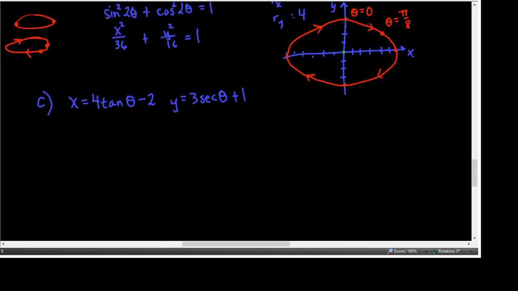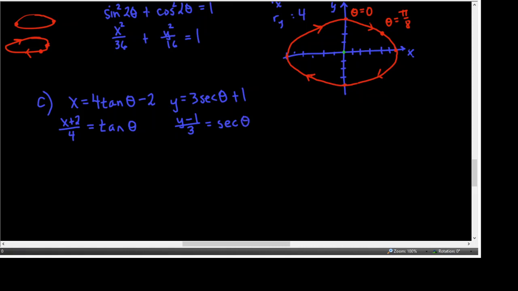All right, so when you solve for tangent of theta, I hope you got x plus 2 all divided by 4 is what tangent of theta is. And I hope you got that y minus 1 all divided by 3 is what secant of theta is.